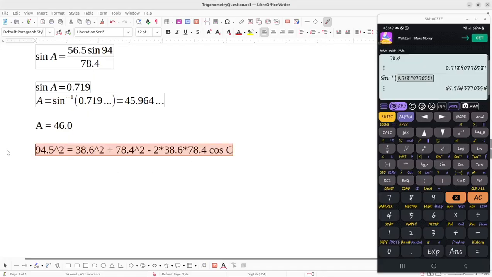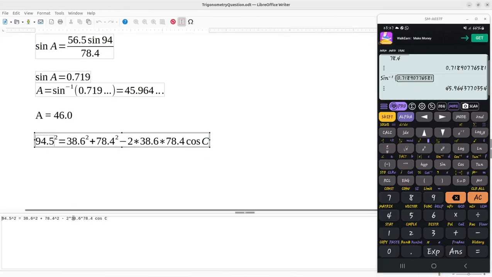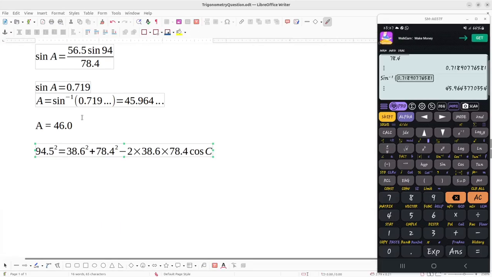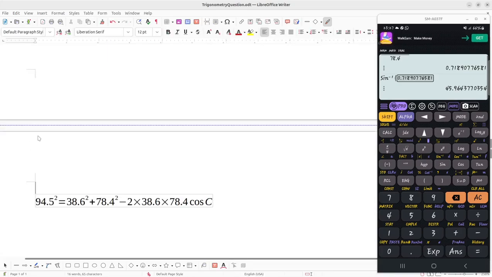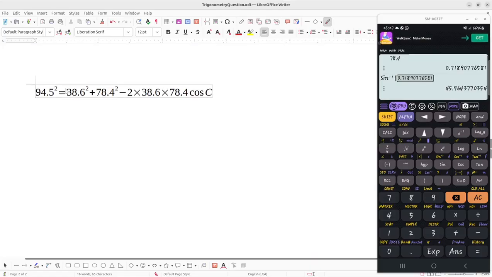This is what we have. Let me take this to the next page.